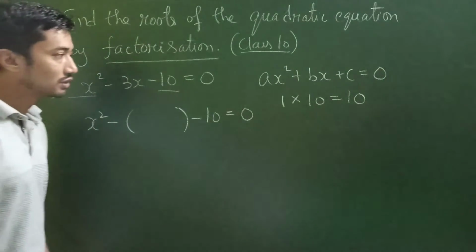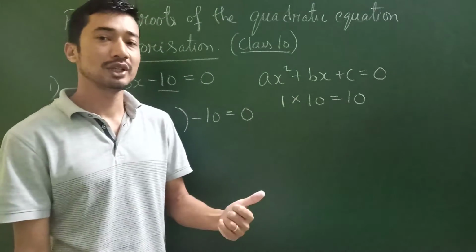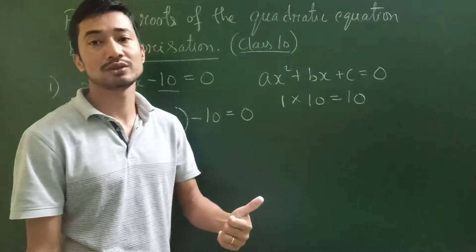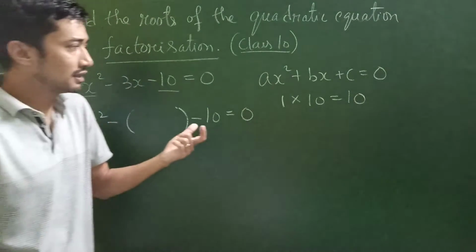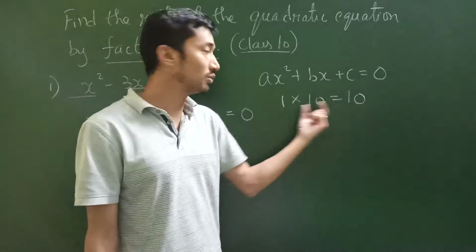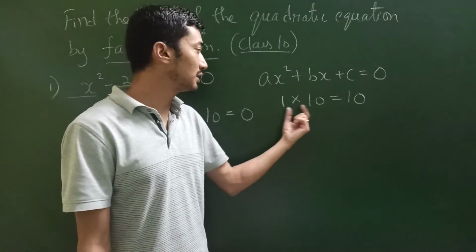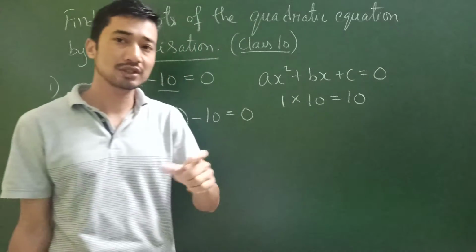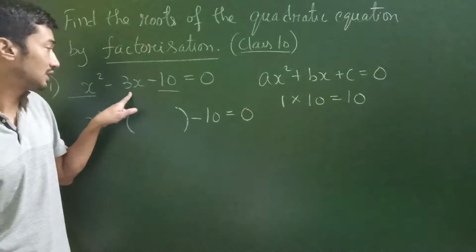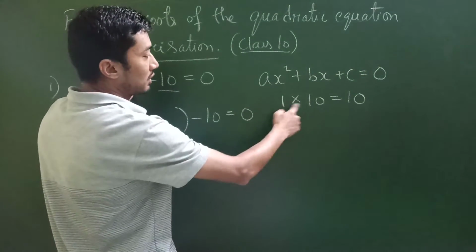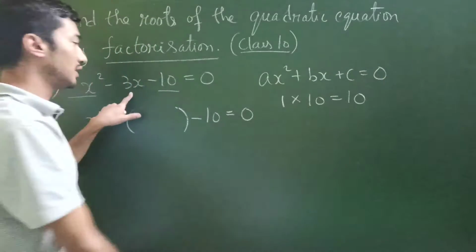Now I have to find the factors of 10 in such a way that when you add or subtract those two factors, you get 3. The factors are 1 and 10, but does the addition or subtraction of 1 and 10 give us 3? 10 plus 1 is 11, no. 10 minus 1 is 9, we're not getting it.